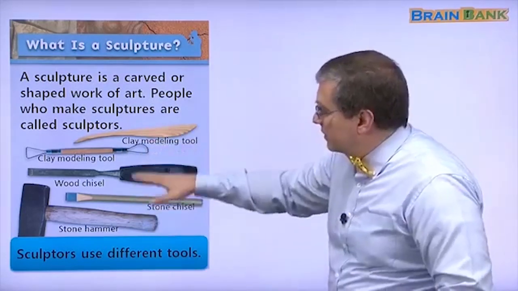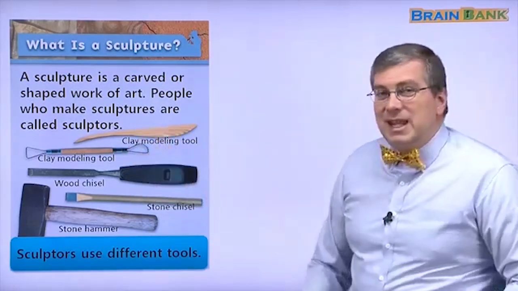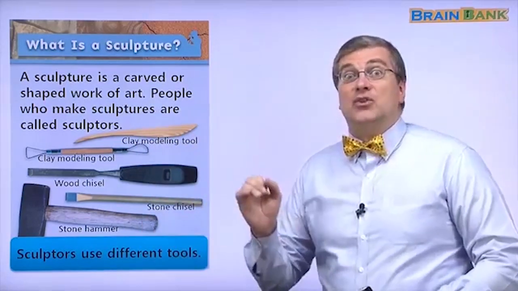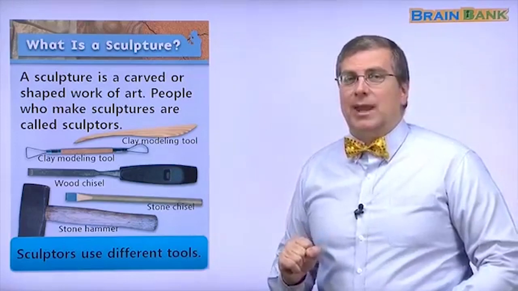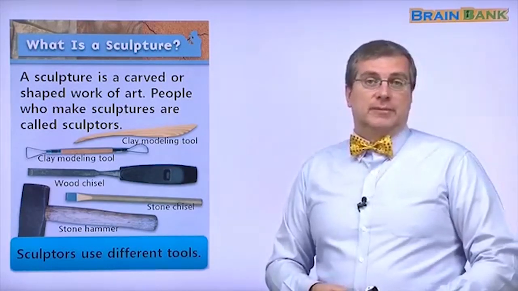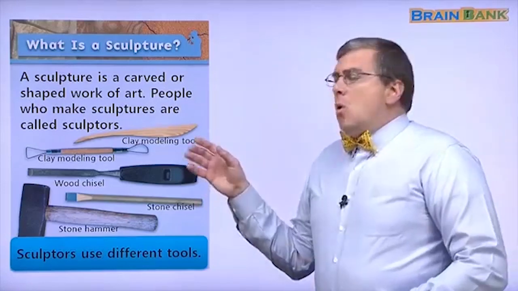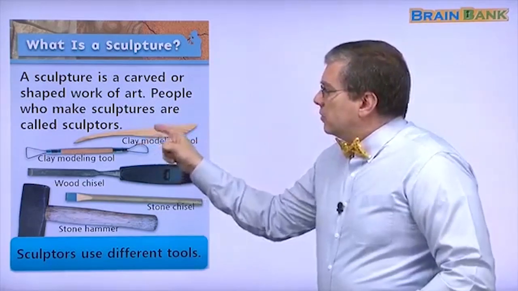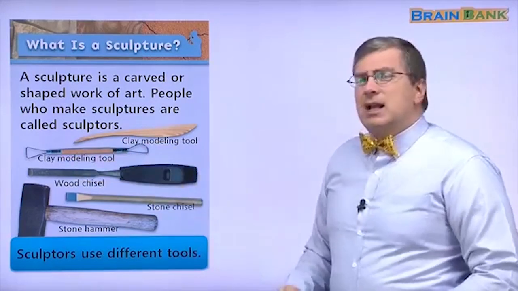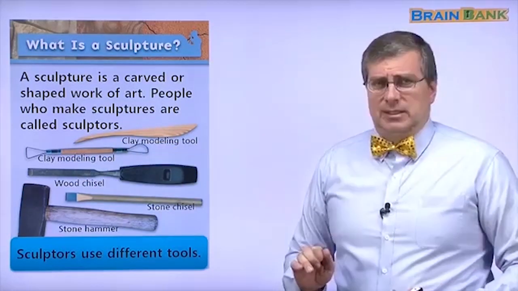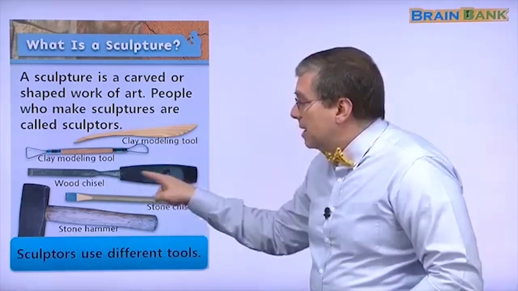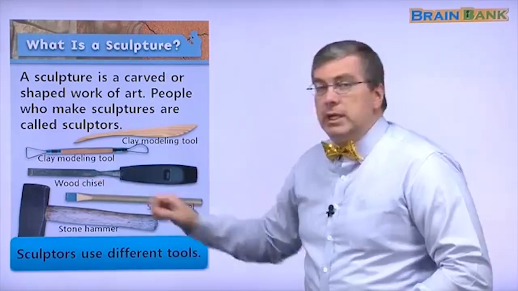In the bottom of this picture, we can see many different kinds of tools. These are used to make sculptures. In the first two, it says clay. Clay is clay, right? In the middle one, it says wood.